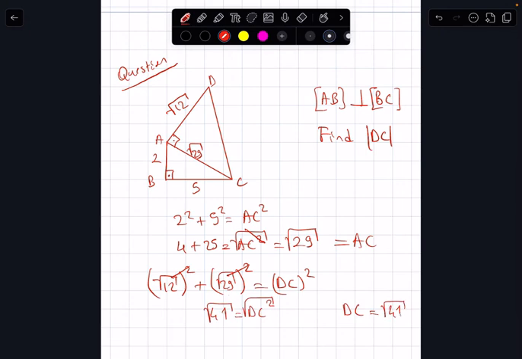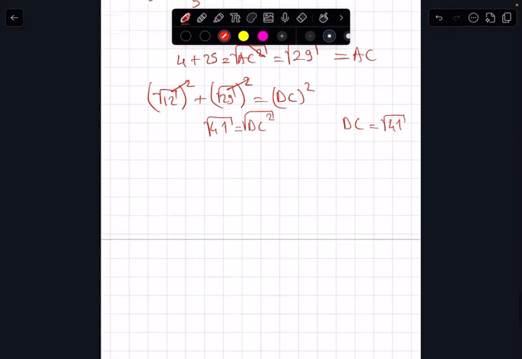Okay, one more question. Then I'm just going to talk about the special triangles. Let's assume that this is 90 degrees, okay?